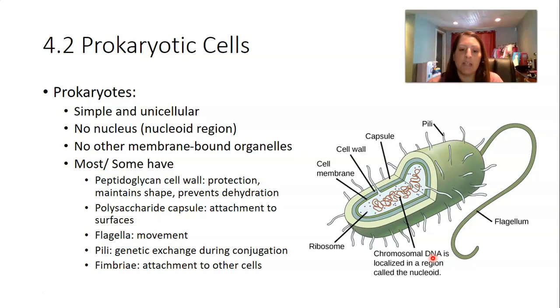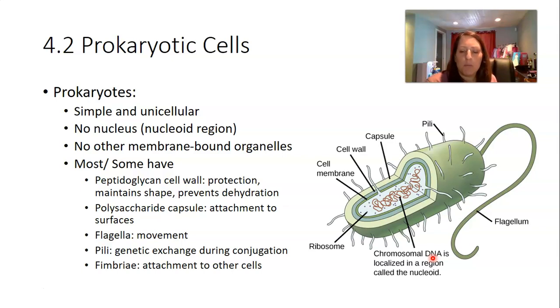They're not going to happen in the same locations because of the lack of those membrane-bound organelles. You're not going to find structures like lysosomes or endoplasmic reticulum or the Golgi body in prokaryotes. So that's what makes them simple. They have less compartmentalized spaces inside of their cell.